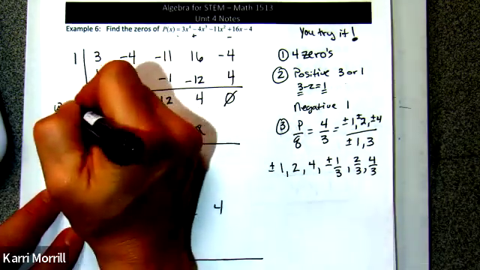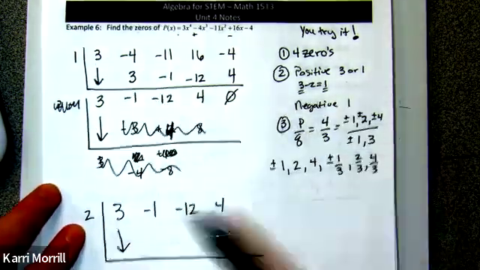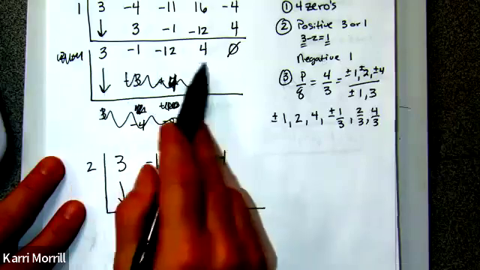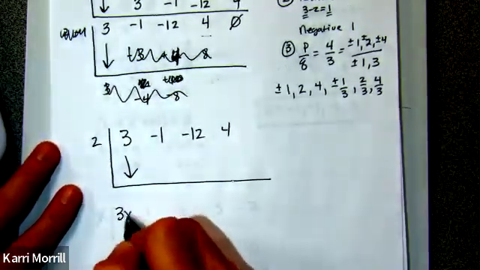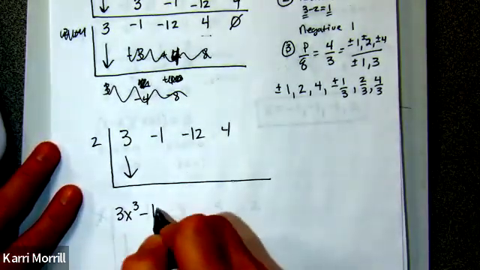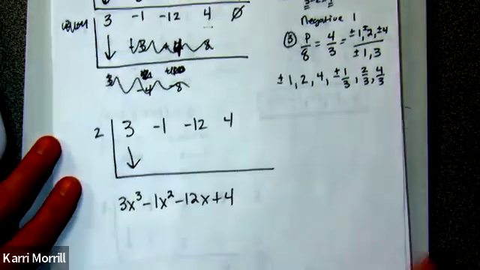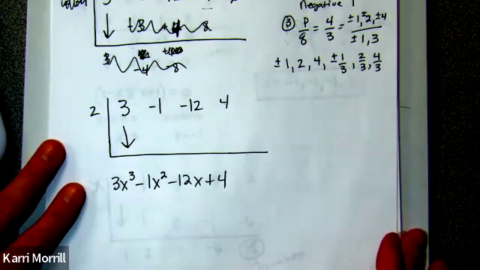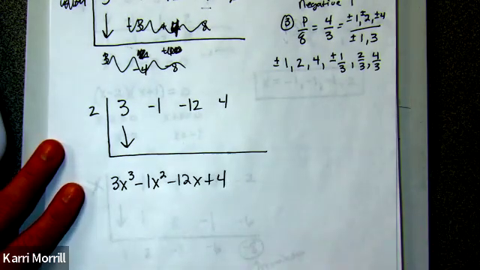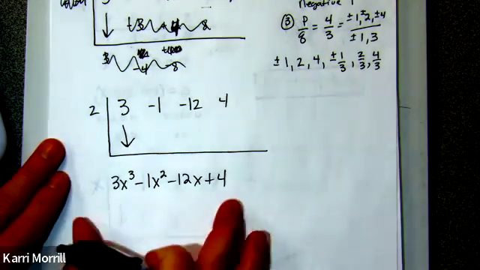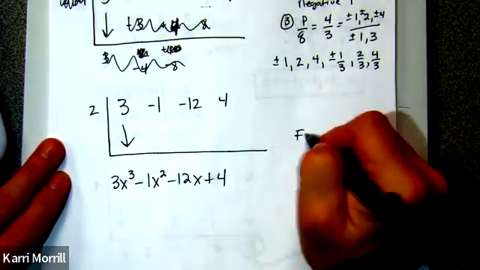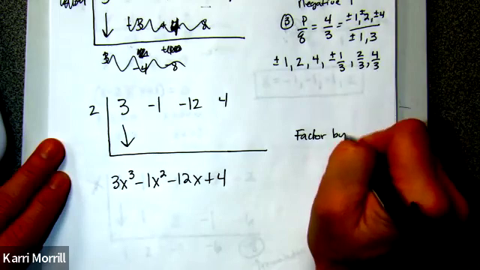If we turn that into 3x to the third minus 1x squared minus 12x plus 4, because remember, we can factor to get our polynomials to find the rest of the zeros, and we know how to factor by grouping. So don't forget that you know how to factor by grouping.